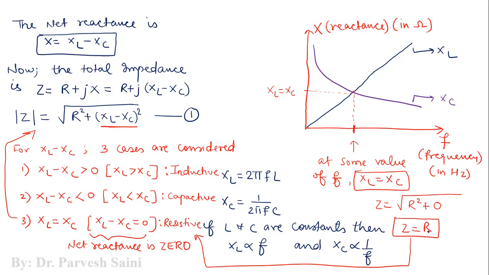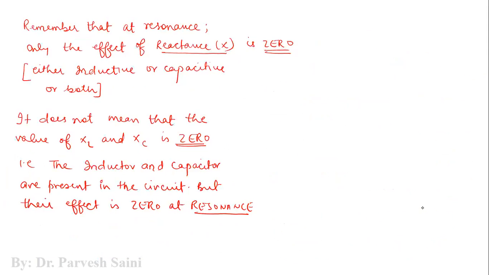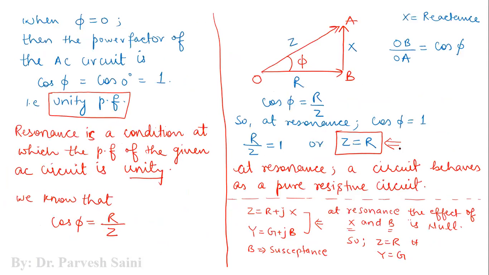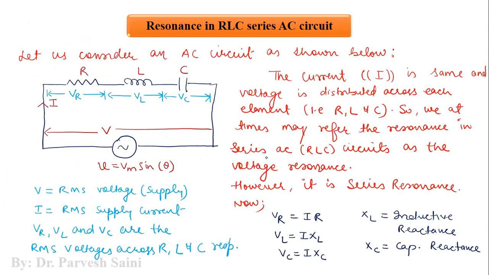Now if you relate this condition Z is equal to R with what we were discussing, that at resonance the power factor is unity, and power factor is also given by R by Z. So at resonance, Z is equal to R, which means that your circuit is behaving as a pure resistive circuit.